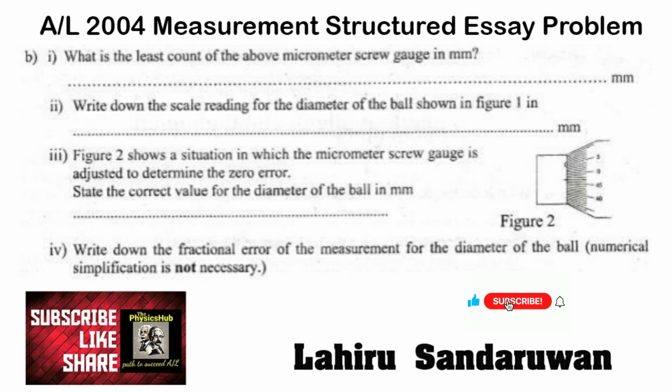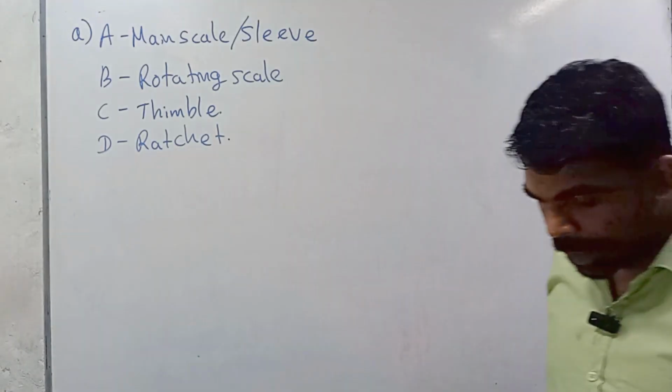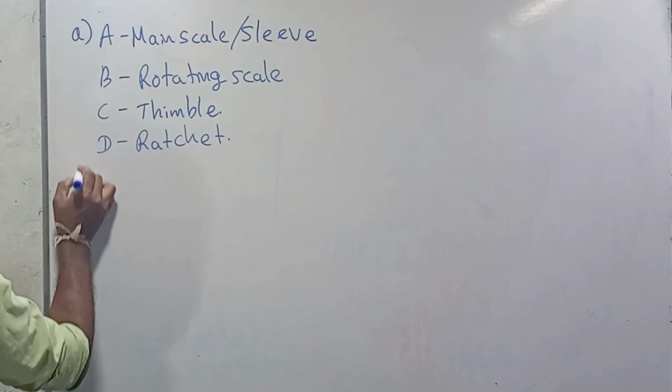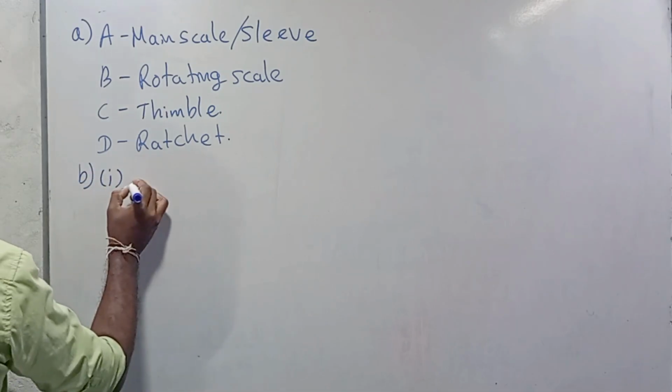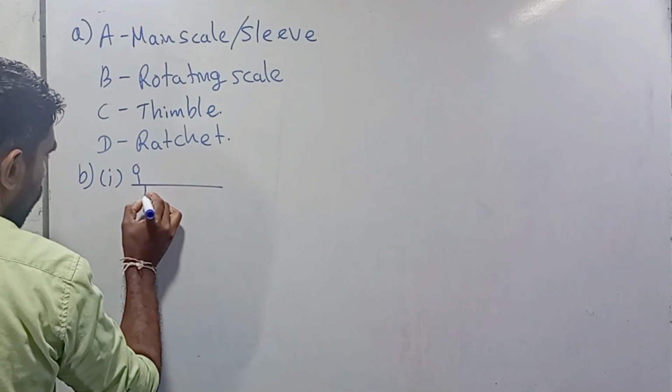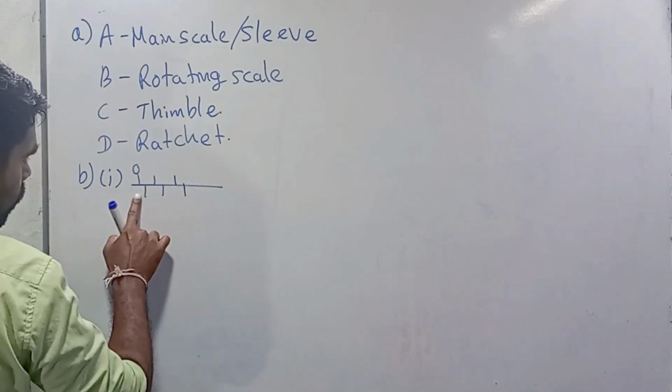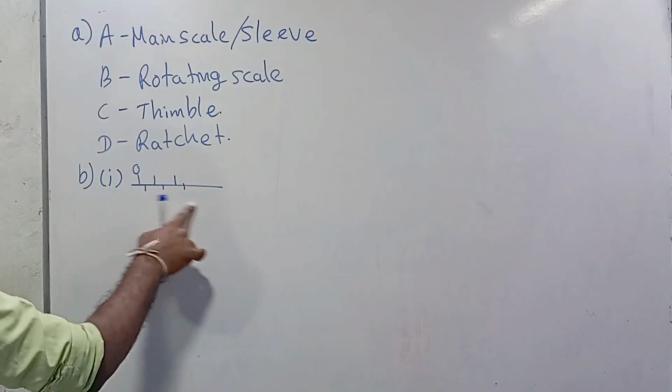Part B, 1. What is the least count of the above micrometer screw gauge in millimeters? We can identify the least count of the main scale by using the given diagram. It is like this: 0, 0.5, 1, 1.5, 2, 2.5. There are small parts on this side.